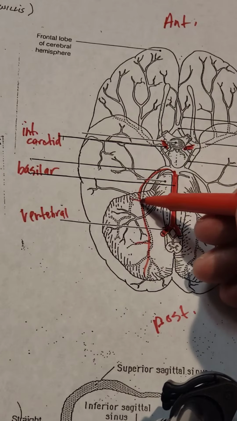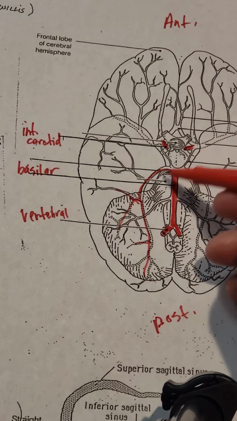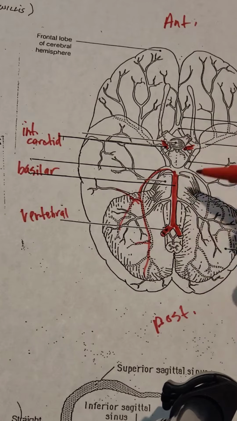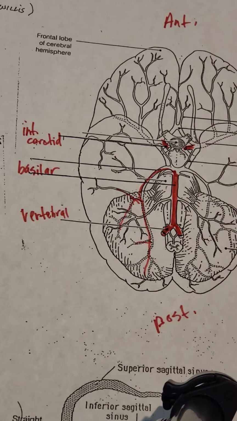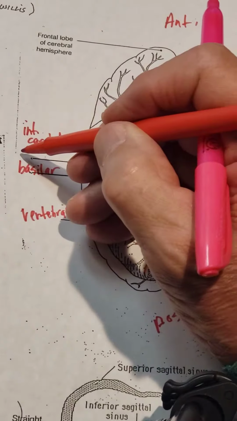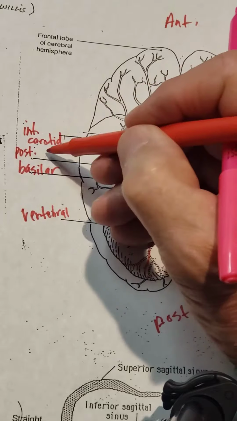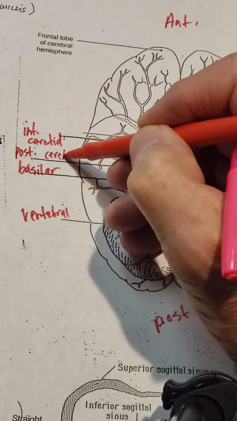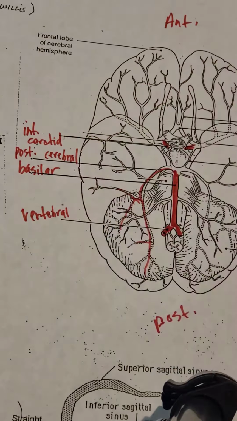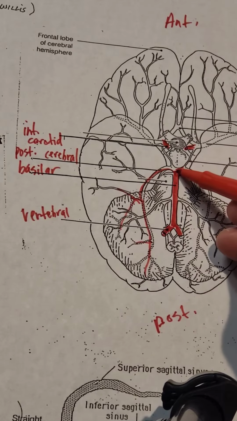There's several different branches coming off of these. You don't have to color these all in. But these branches coming off on the back portion right here are the posterior cerebral arteries right there.